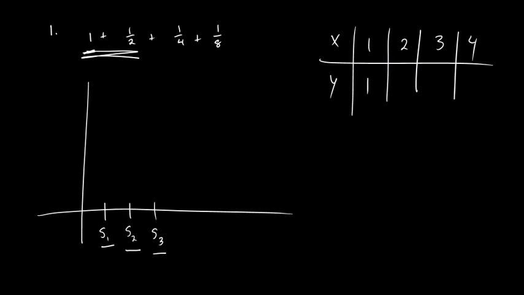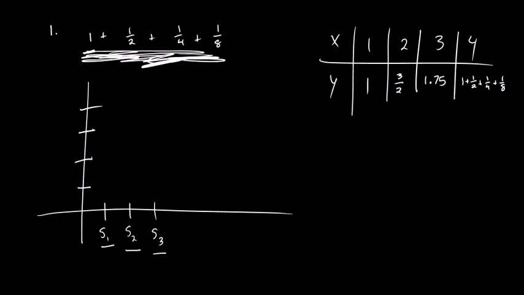If I were adding 2 terms, that's 1 plus 1/2, or 3/2. If I were adding 3 terms, that's 1 plus 1/2 plus 1/4, which is 1.75. For the 4th term, I would add all 4 of these terms together, and I would probably get a decimal and approximate the graph here.